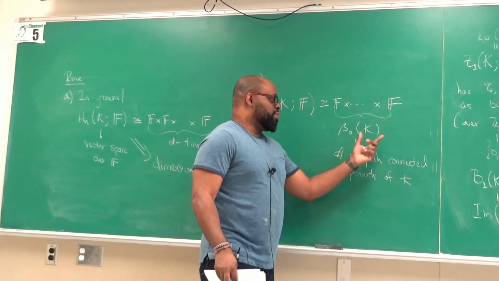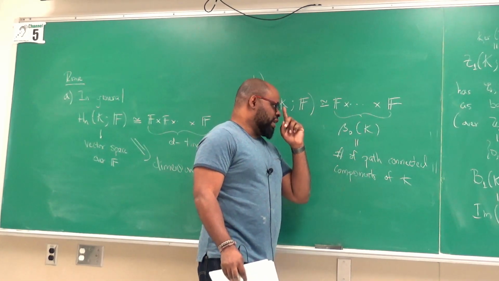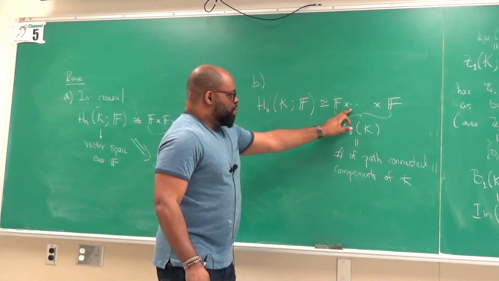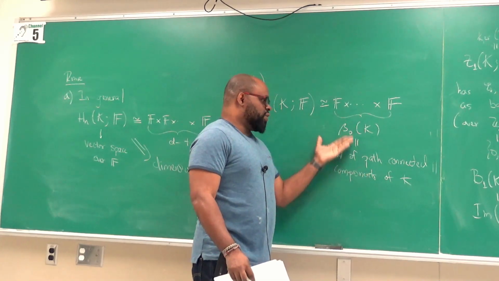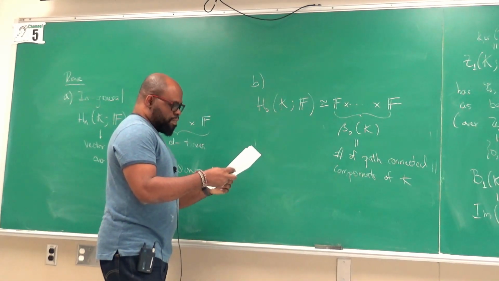And that dimension is going to be Betti 0 of the complex, which again is the number of path-connected components. Before, when we put a Z in here, we got a product of Z's, and we have beta 0 of those. Okay, so that's the parallel between the two stories we've seen thus far.